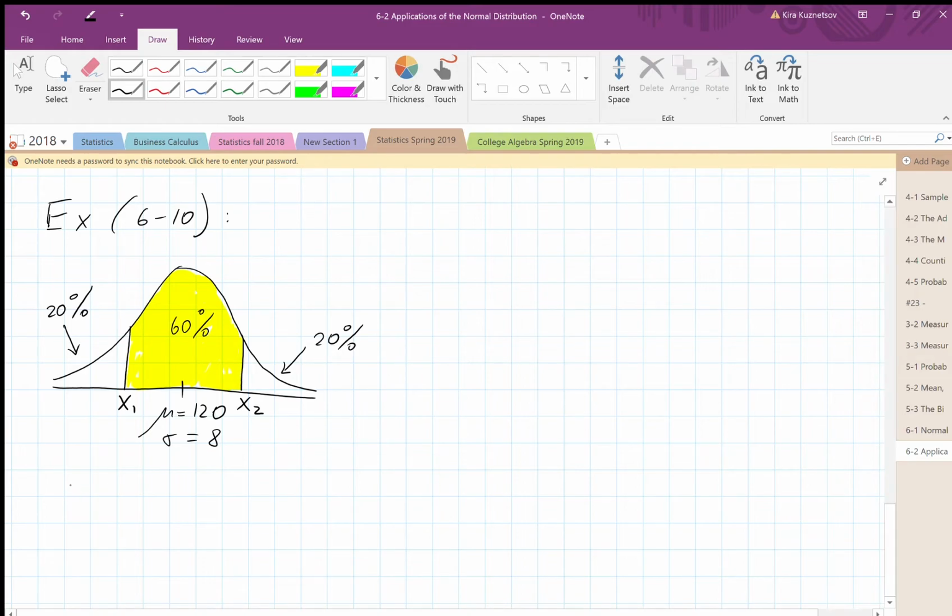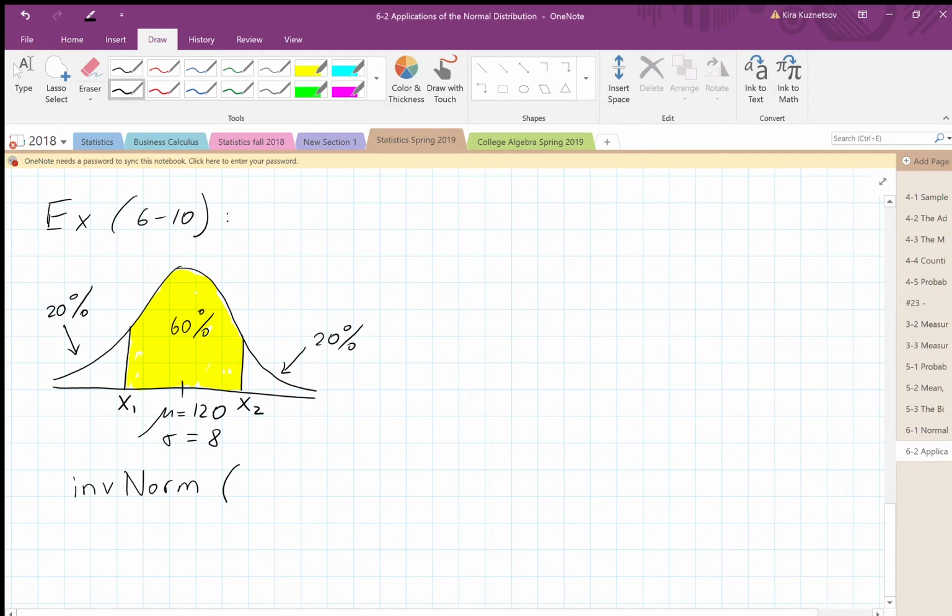What we need is an inverse norm. The inverse norm is asking for the bottom percentile. So in order for me to find x1, the lower limit, I need to tell my calculator that I'm looking for the x that separates the bottom 20% from the top 80.